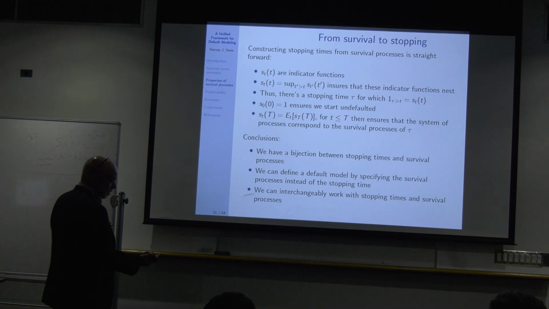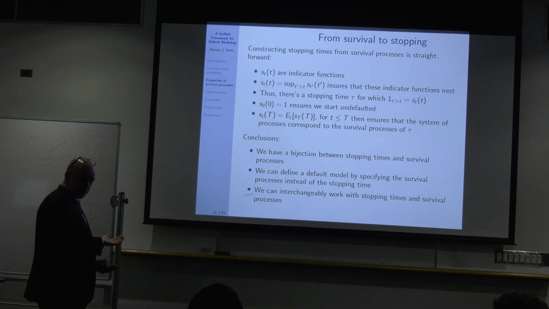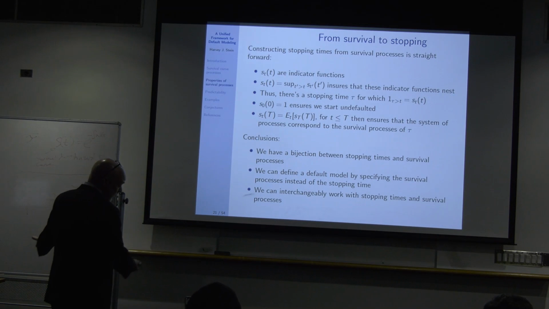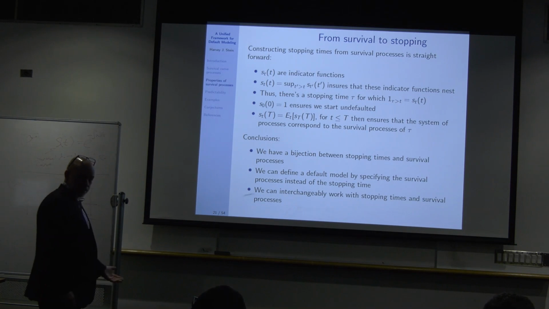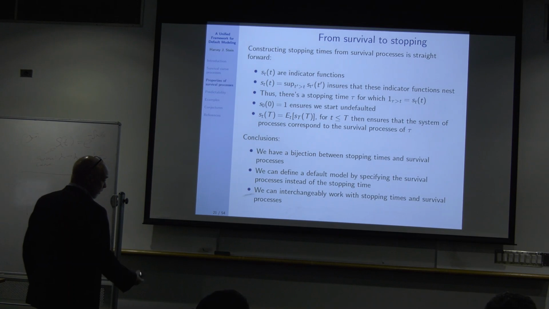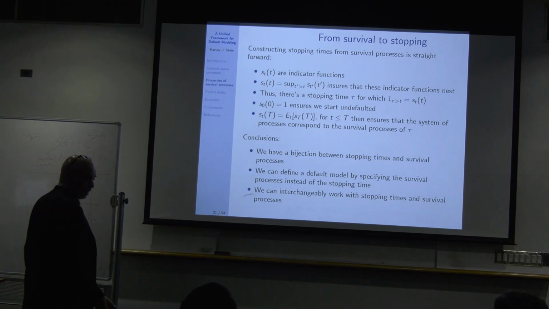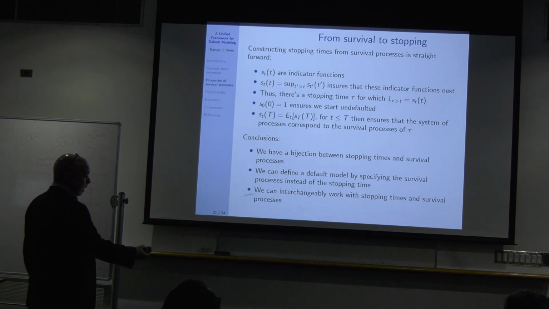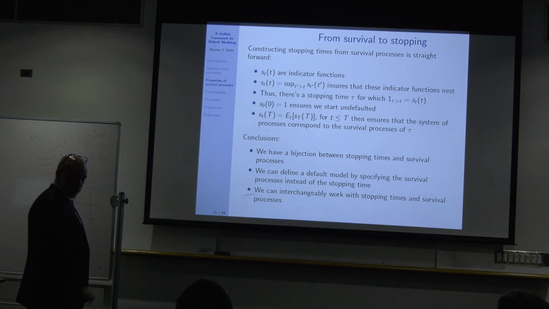These are sets that are increasing. So there's this nested family of sets indexed by time. If you know the stopping time, you get this nested family of sets, and vice versa. If you have a nested family of sets, it determines a stopping time by stopping at the first time a point enters into the set. So that's basically the whole argument.